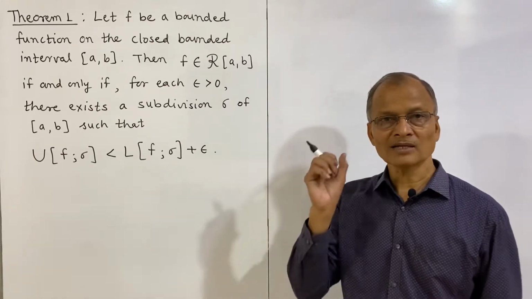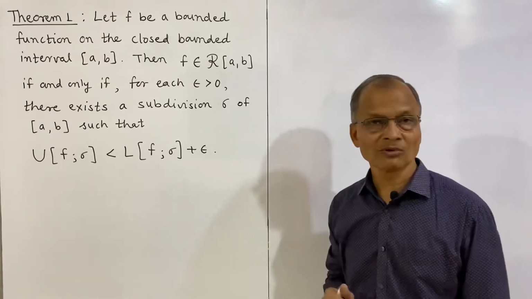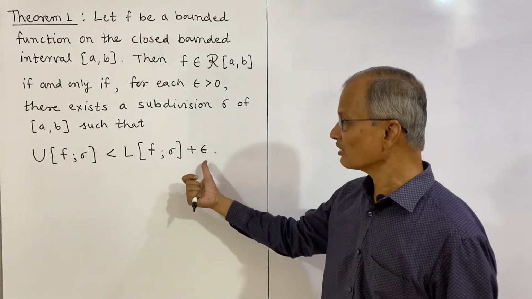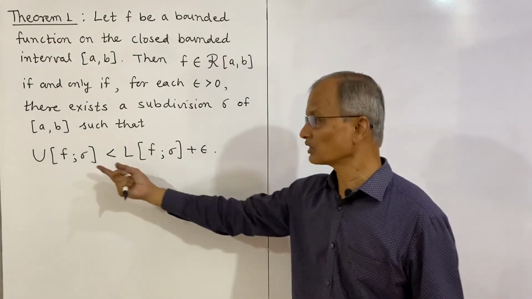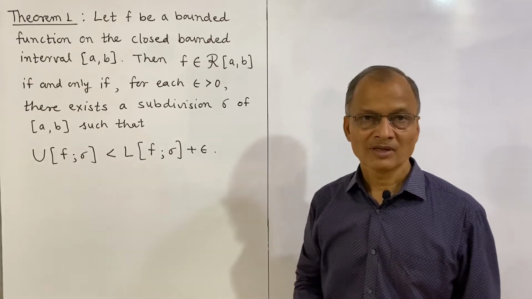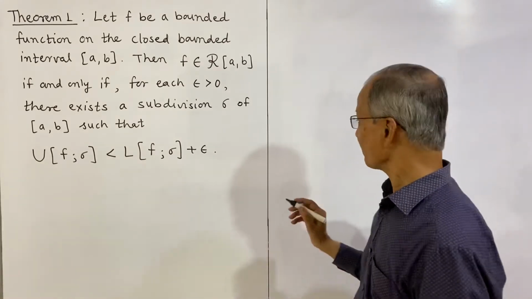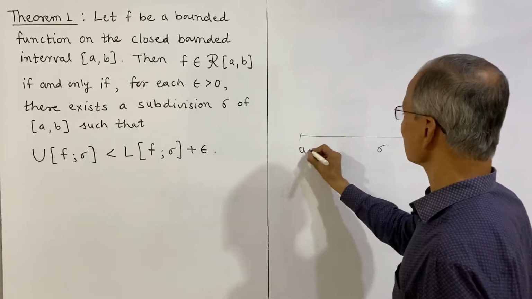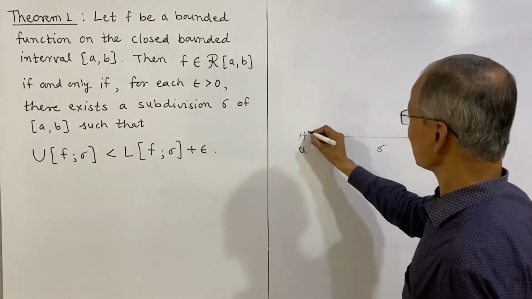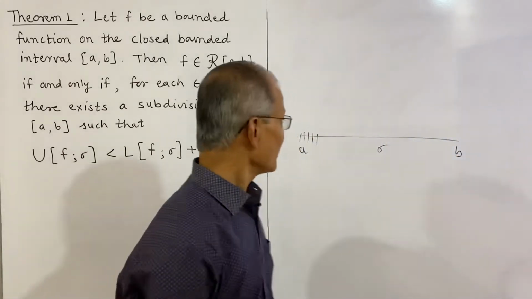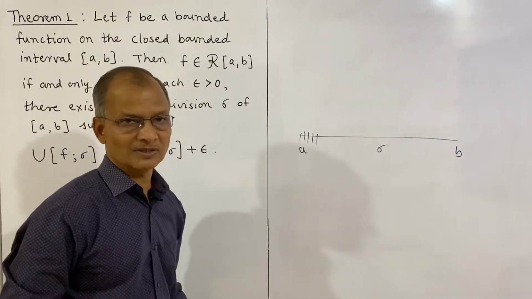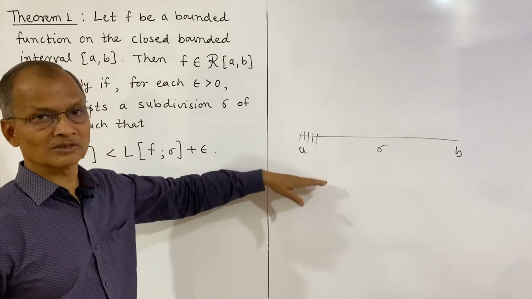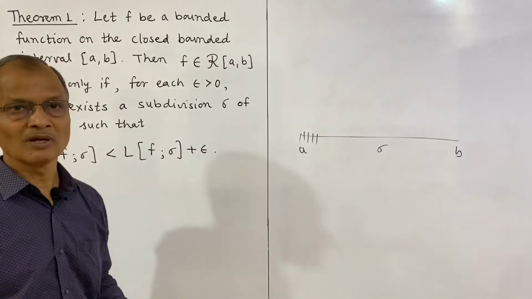We earlier know that the upper sum is always greater than or equal to the lower sum, but here the theorem says that if you add a small quantity to the lower sum, then the upper sum becomes less than that. So when we take the refinement of subdivision sigma, and the interval a to b is divided into infinitely many components, then the upper sum decreases and the lower sum increases, and they converge to each other.